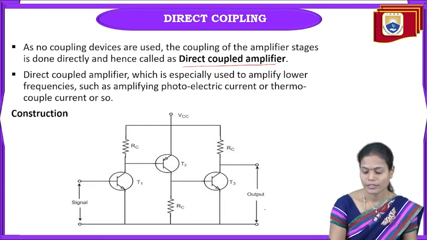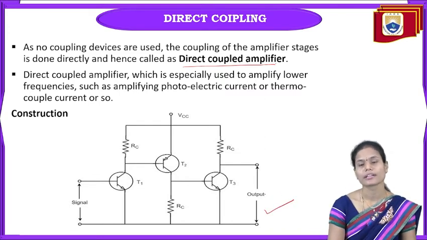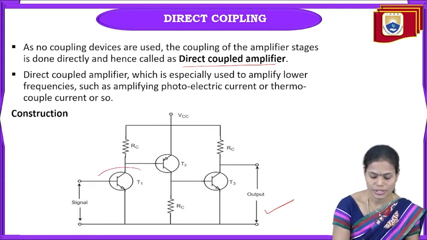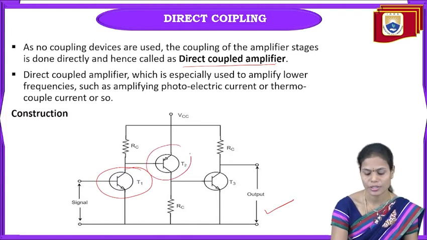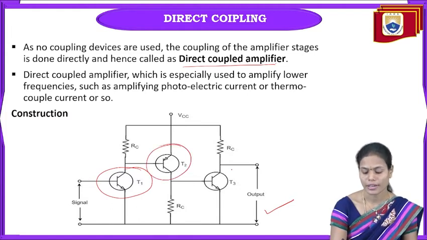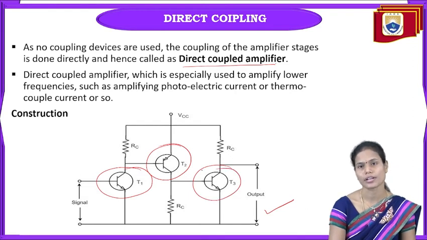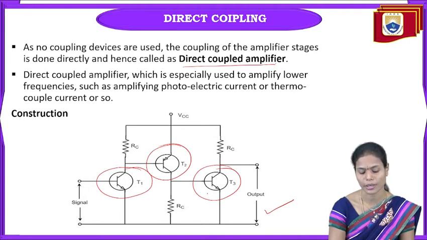This is the circuit for the direct coupled amplifier. T1 is an NPN transistor, T2 is a PNP transistor, and T3 is an NPN transistor. That is, we are interconnecting 3 stages without using any coupling element in the case of direct coupling.